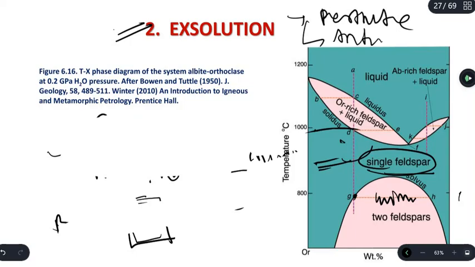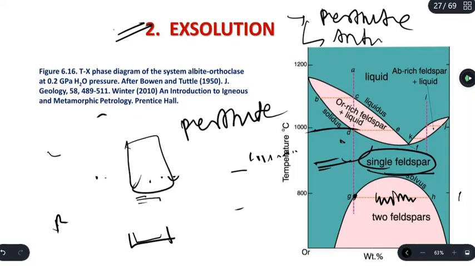See, perthite texture क्या है बताओ? K feldspar will be the matrix. Am I right or wrong? So, not plagioclase, albite आएगा. देखो plagioclase जब बोल रहे हो ना, plagioclase is a group of minerals.